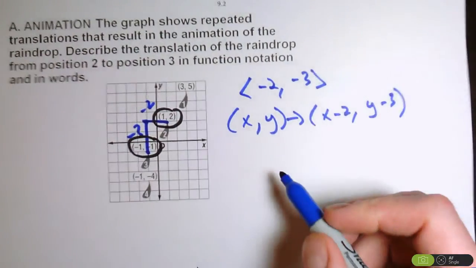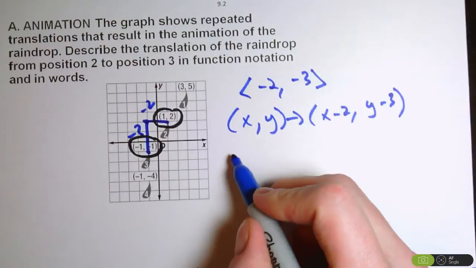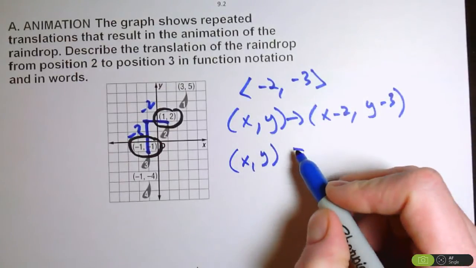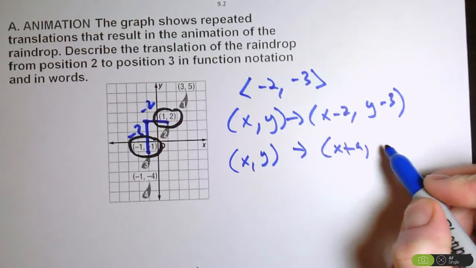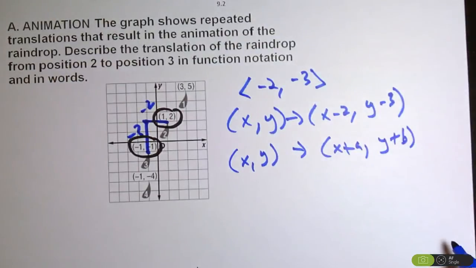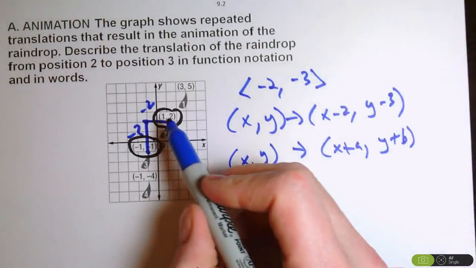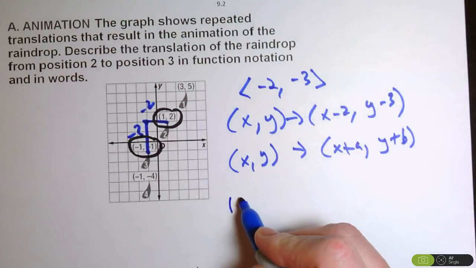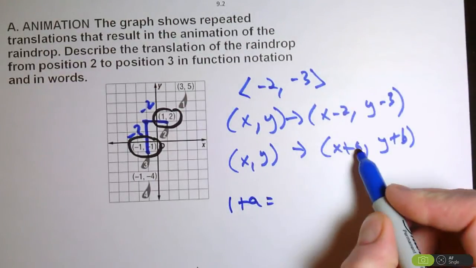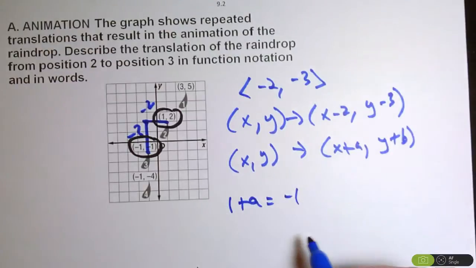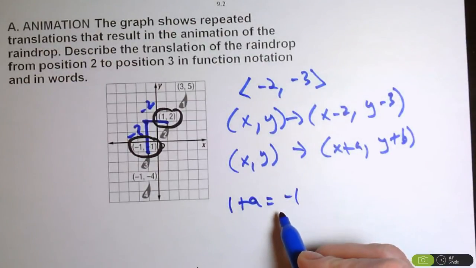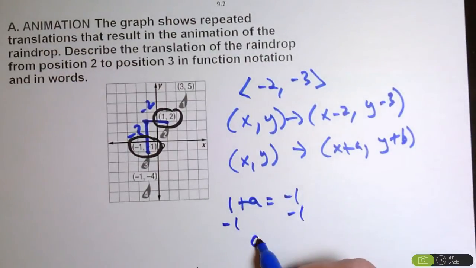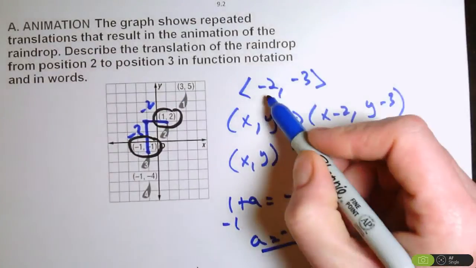What the book does, though, is they'll set up a formula. They know it's x, y to x plus a, y plus b. So they'll replace 1 with x and say 1 plus a has to equal -1, and they solve for a by subtracting 1. Oh, a is -2, which is what we got.